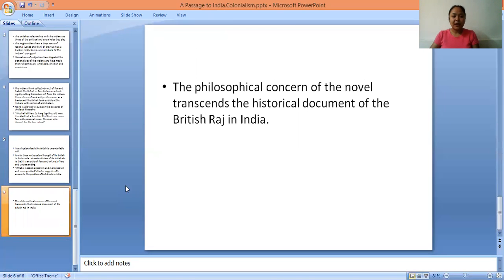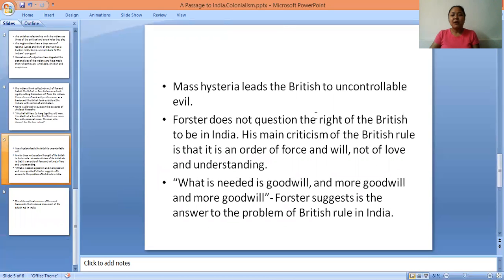So, mass hysteria leads the British to uncontrollable evil. This can be seen when Aziz was put on trial, when Aziz was accused of raping Adela. These Britishers were hysterical. They were so filled with disgust and hatred for the Indians, and this lets out so much evil.